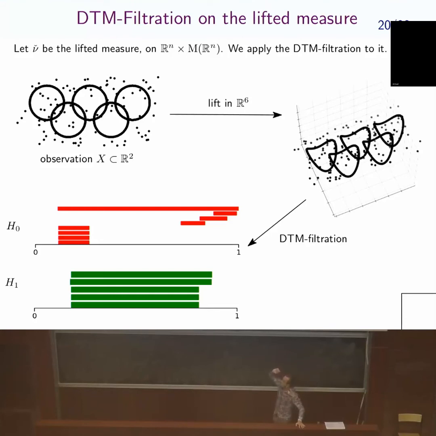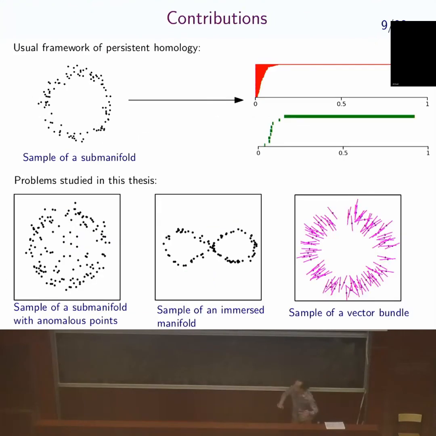And this is a nice invitation to consider more general vector bundles, because vector bundles come with interesting algebraic invariants that contain more information than simply homology. So this is what I've done in my third work. So let's go back to the menu. Let's consider vector bundles, okay?